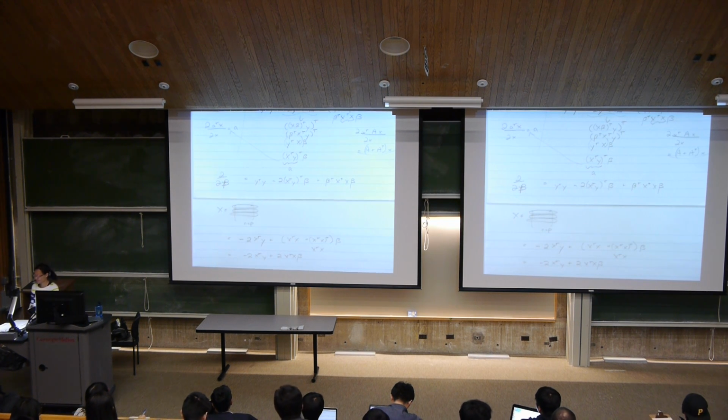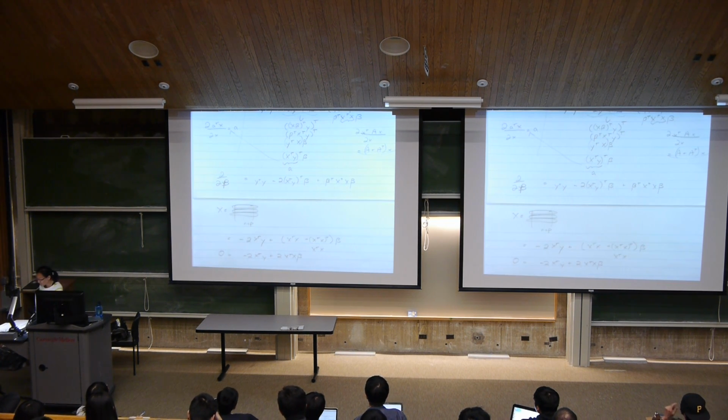Are we good? Okay, so we've just taken the derivative of this expression with respect to beta. If we want to minimize with respect to beta, we have to set the derivative to 0 and solve for it. It's quite easy to solve.